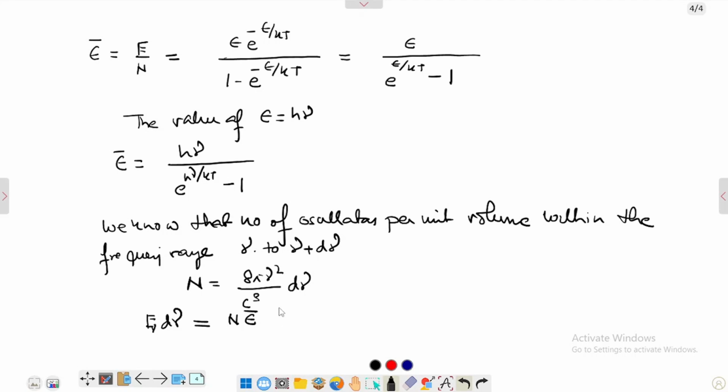So n is this value and epsilon bar is this one. So what I get here is 8 pi h nu cube d nu divided by c cube, e to the power h nu by kt minus 1.